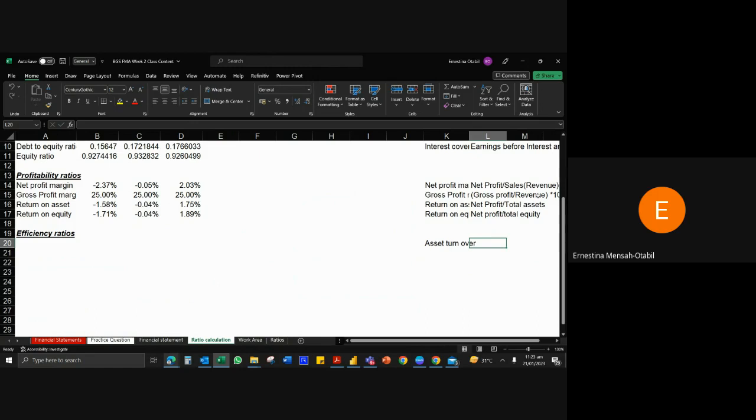With asset turnover, the formula is the total revenue over the total assets. Sometimes when you are doing these ratios, you can use the name of the ratio to help you with what you are going to be using. Like I said, asset turnover is used to measure the efficiency with which the company is using its assets to generate revenue.